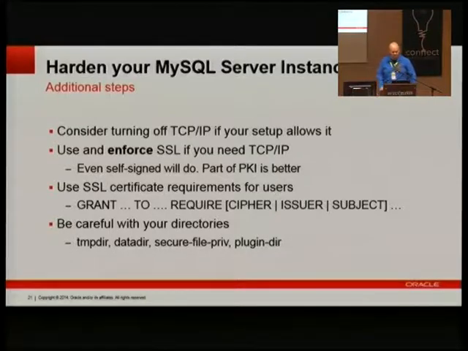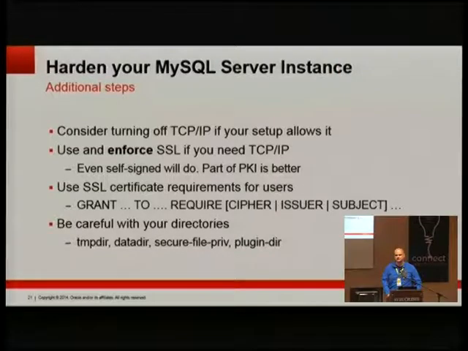So basically, there is a parameter in the MySQL configuration file that allows you to turn TCP/IP off, but it still leaves Unix sockets and Windows domain sockets on. So if you are running your web server, for example, and you're the exclusive client on the same host, then you don't really need TCP/IP. So why not turn it off? I mean, the fewer avenues you have to abuse your MySQL server, the better it is.